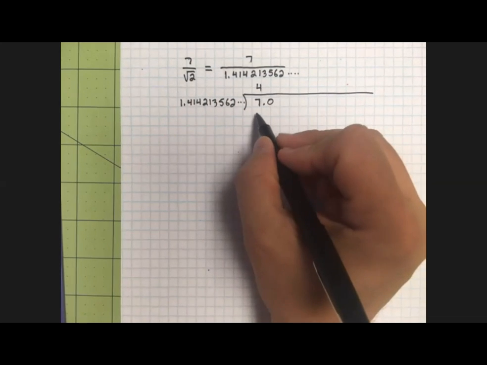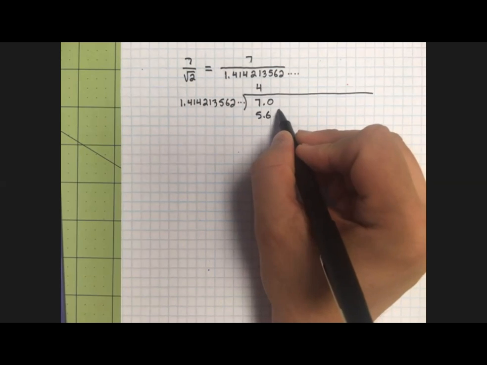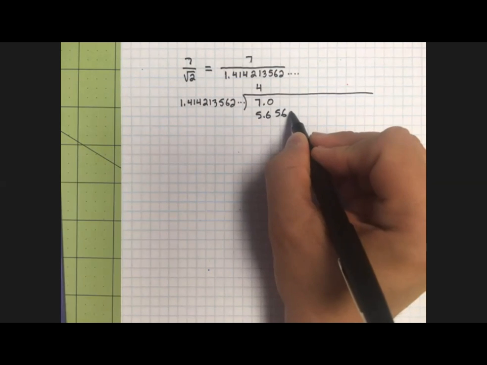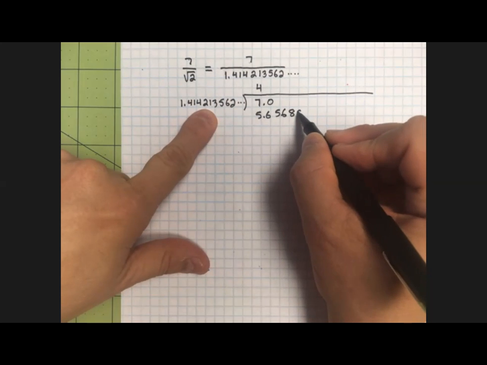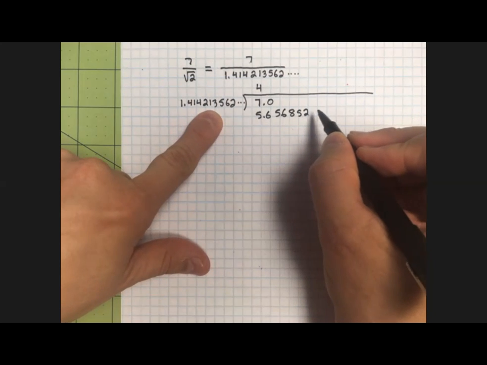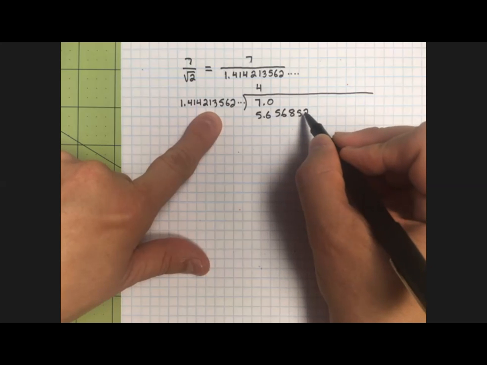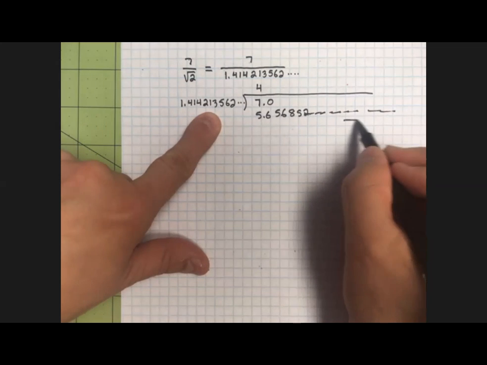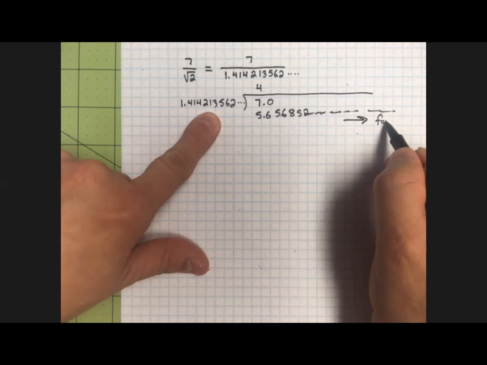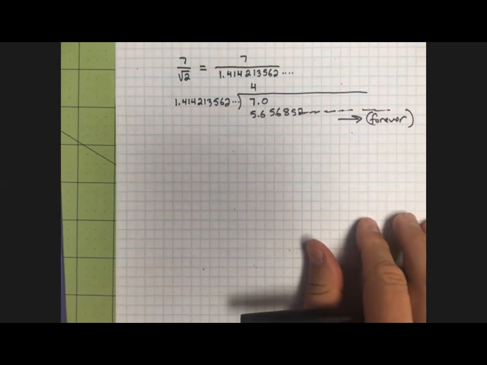I get 5.6, 8, 4, and so on. I'm going to have to constantly carry into the next column, and I'm going to be going left forever. It's like a never-ending chore.